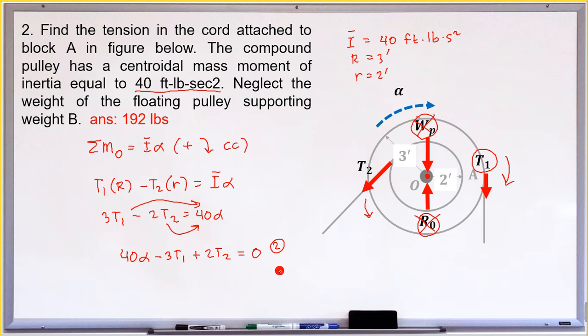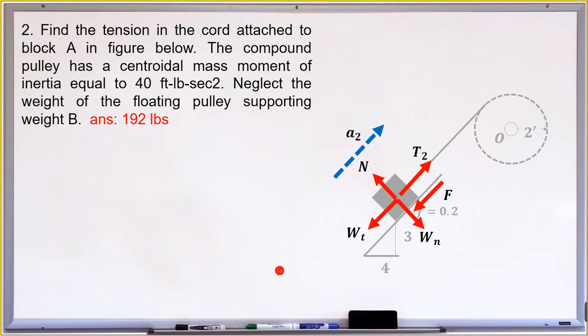With three unknown variables, alpha, T1, and T2, we need three equations. So, one more to find. We will get it from block A, the third object. For the third object, there is no rotation, only rectilinear translation along the inclined plane.